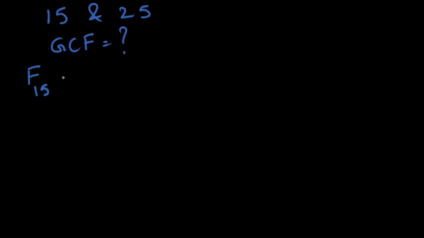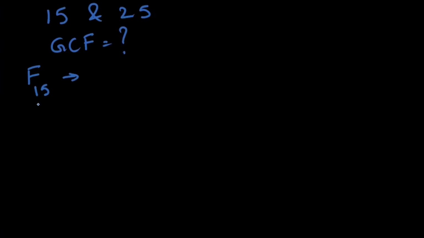Here the numbers are 15 and 25, and we have to find the GCF, the greatest common factor. So what we will do is simply use the list of factors. We have to find the factors of 15.